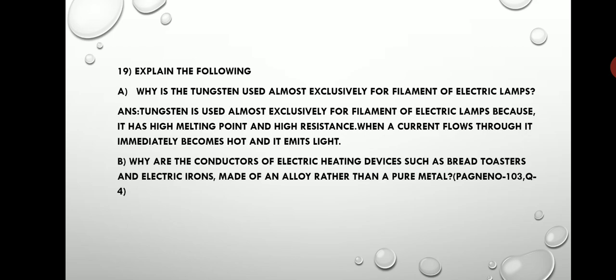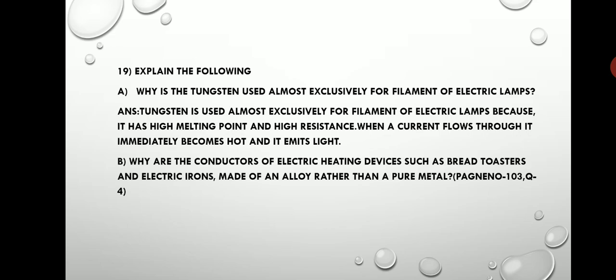First one: why is tungsten used almost exclusively for the filament of an electric lamp? Tungsten is the filament that is used in an electric bulb, because it has a high melting point and high resistance.